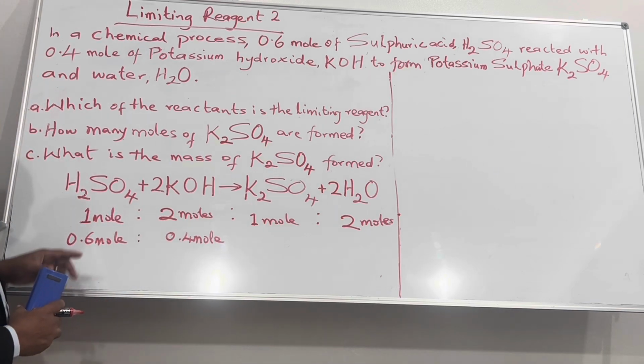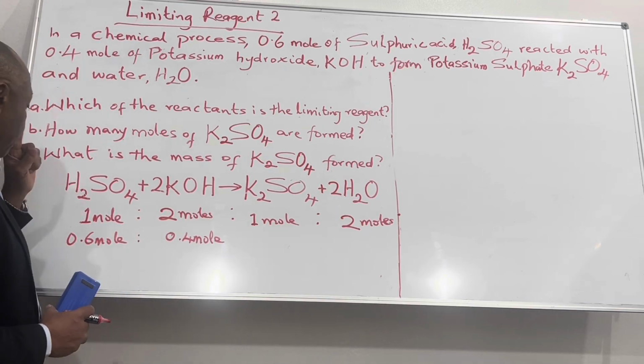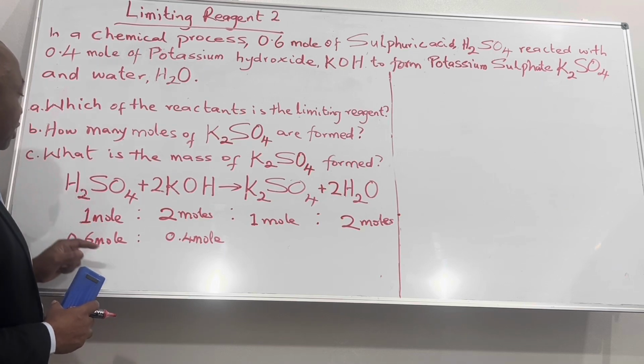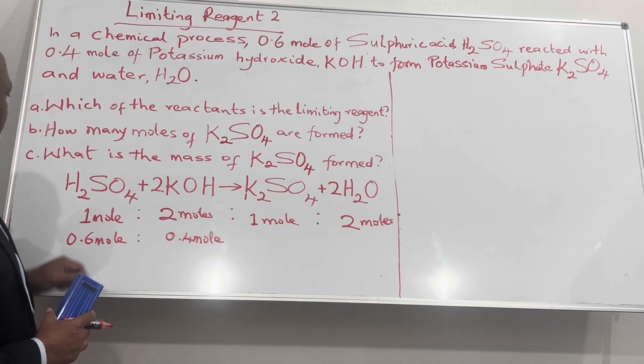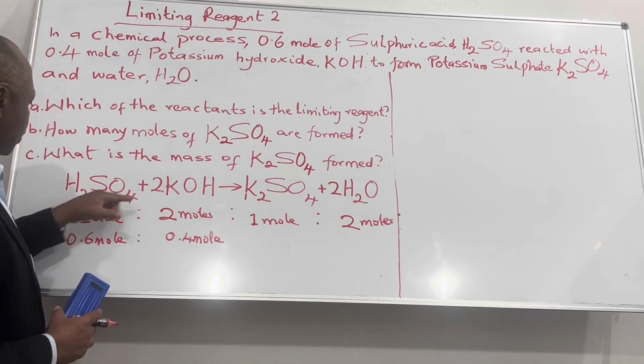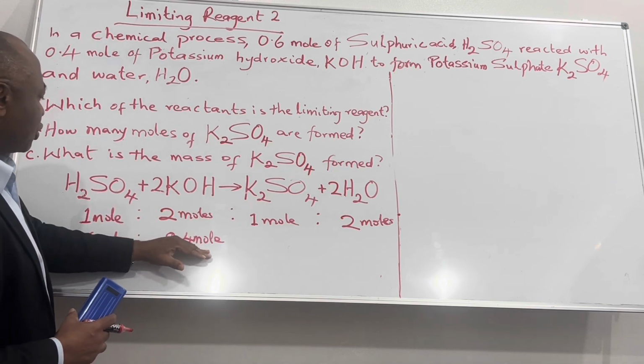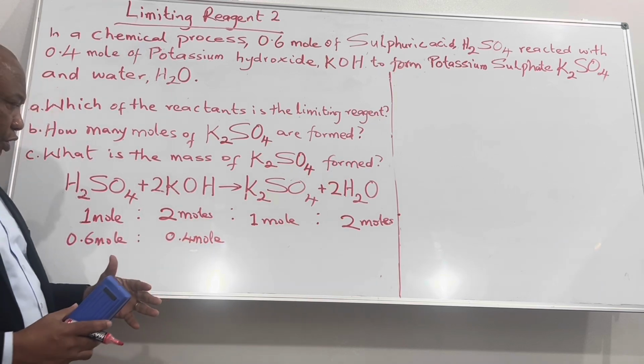Let us compare the mole ratio in the chemical process with the mole ratio in the balanced chemical equation. Now in the balanced chemical equation, for every mole of sulfuric acid, you need 2 moles of potassium hydroxide. Now, is this mole ratio consistent with what you have in the chemical process? Of course not.